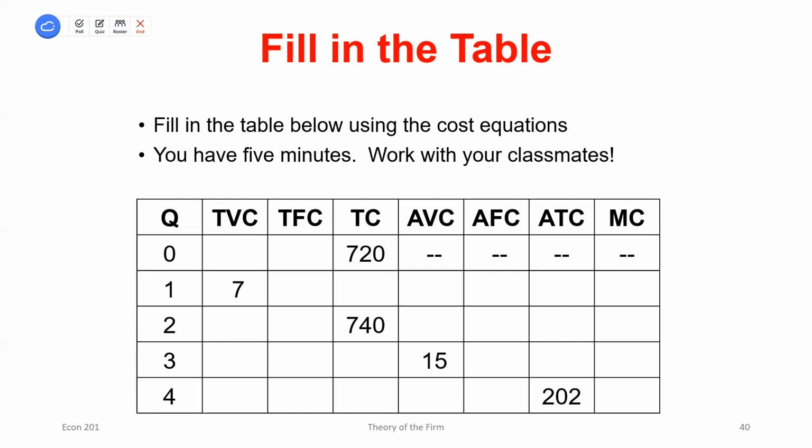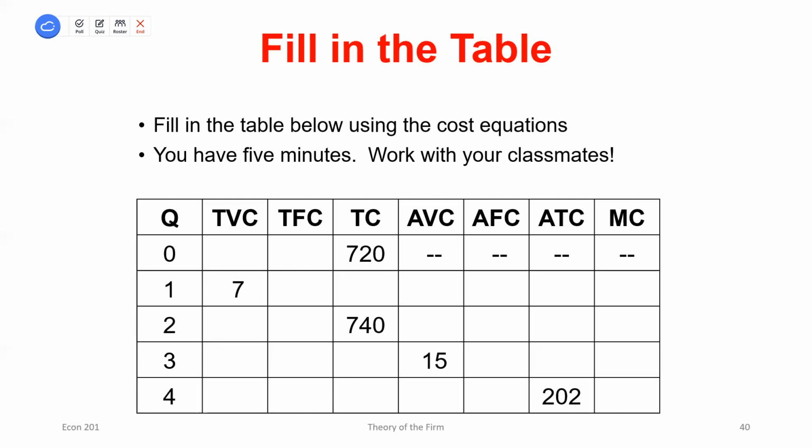Someone also mentioned that from what I do have, I can also find something else pretty quickly. Now, if I know my total costs, and here I'll write these out so you can see them, and I know my fixed costs, what else could I find pretty quickly? My total variable cost. Why?